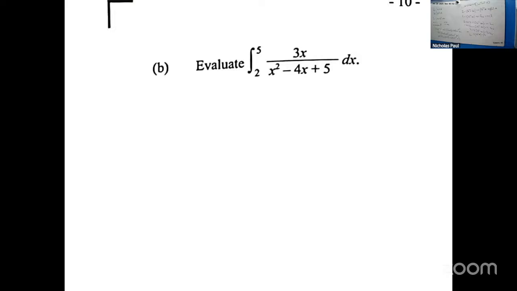Or define k as c minus a squared. Define k as c minus a squared.